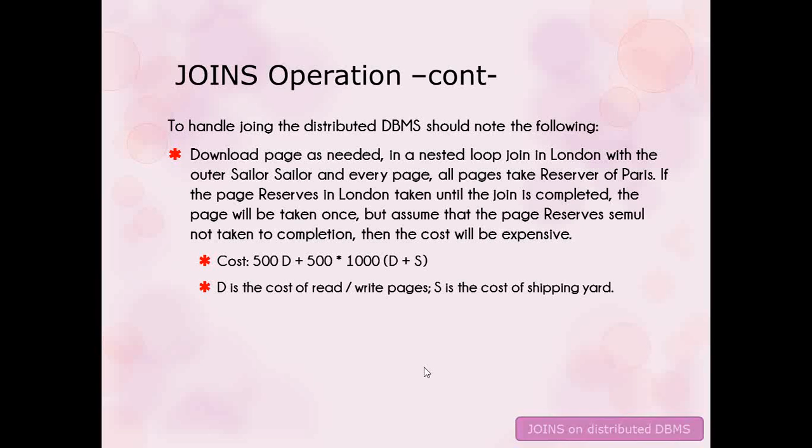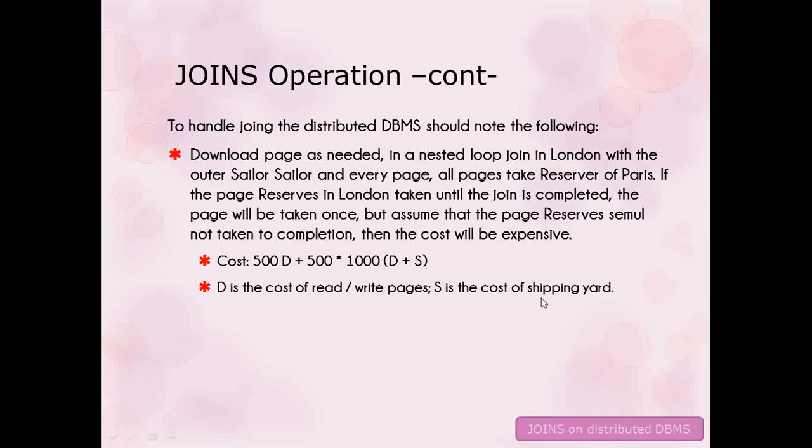Then the cost will be expensive: 500 D plus 500 times 1000 times T plus S, where T is the cost of reading a page and S is the cost of shipping a page.